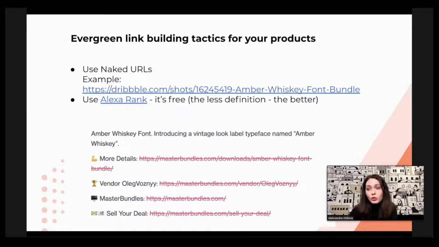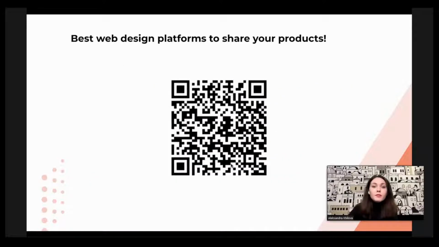It's very important to know that Alexa rank is from 0 to a few millions, and the lower the Alexa rank, the better the domain where you want to put a link. So here you can see an example of a naked URL, which you can use to build your links later.